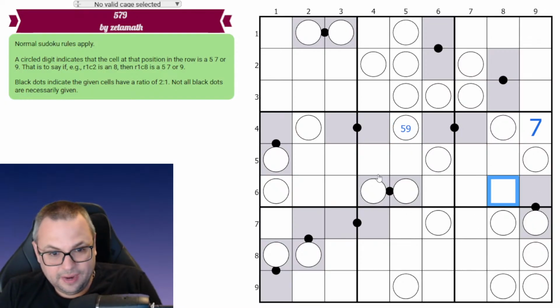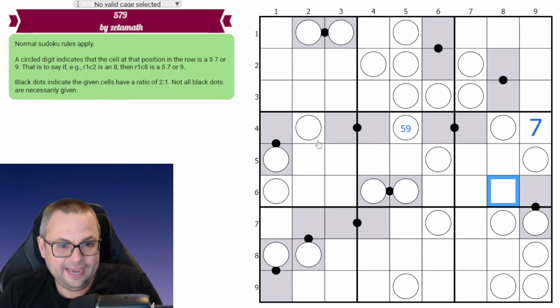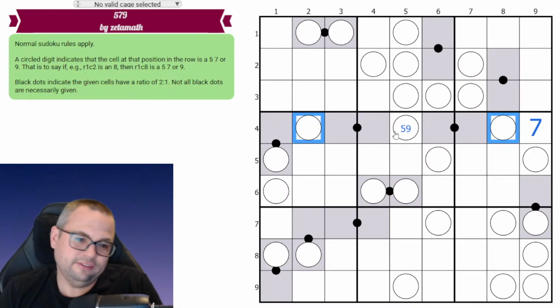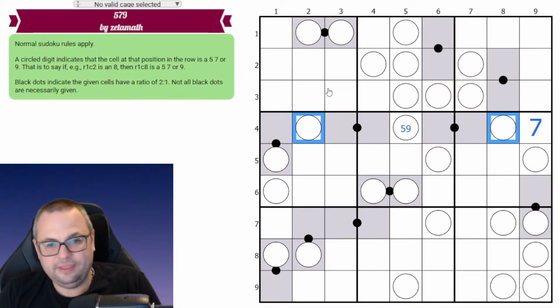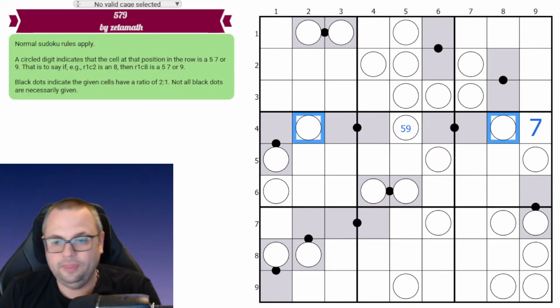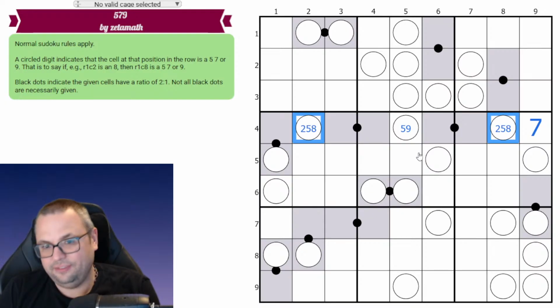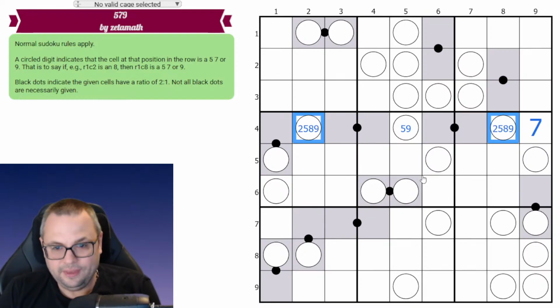So now, wherever 5 is in the row, it's definitely in a circle, which guarantees that this is 5 or 9. And so I need a digit for these. And as David points out, these two digits both have to point at the 5, 7, or 9, which can only go in the 2nd spot, the 5th spot, the 8th spot, or the 9th spot.